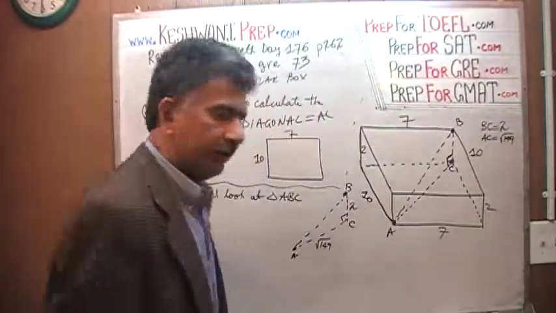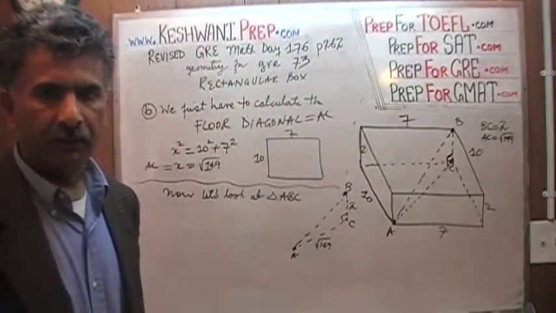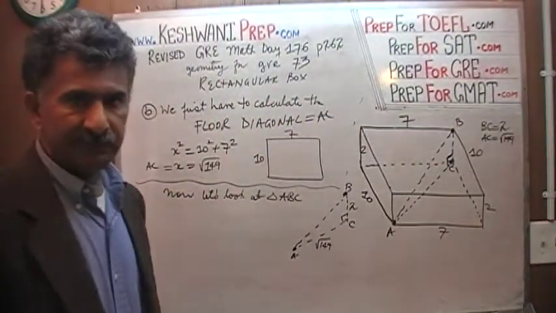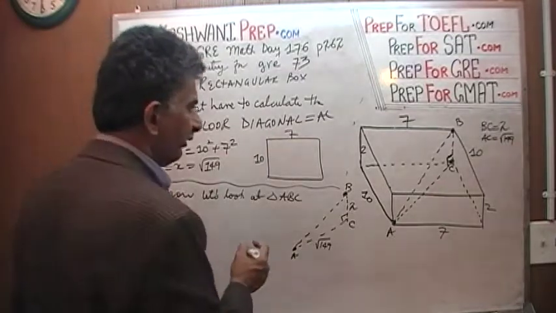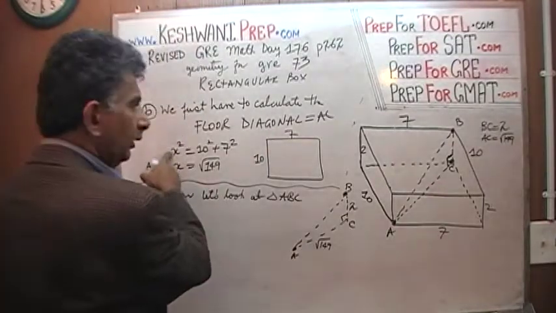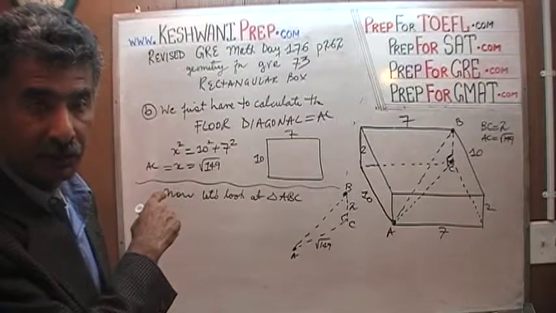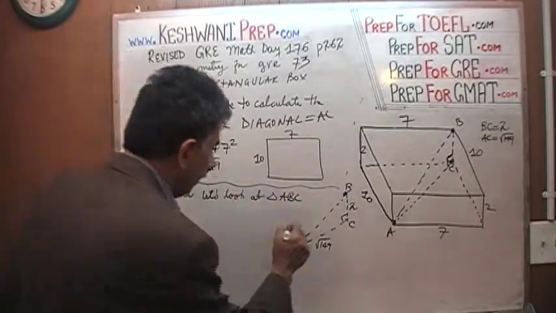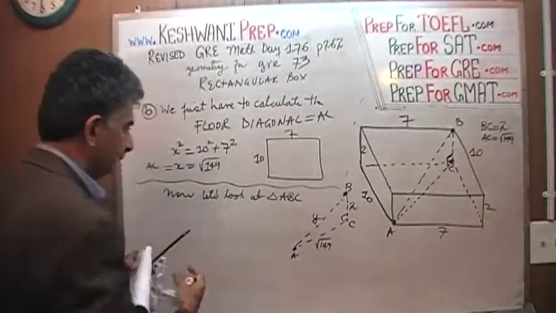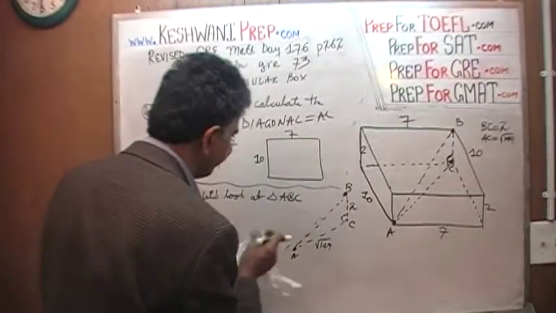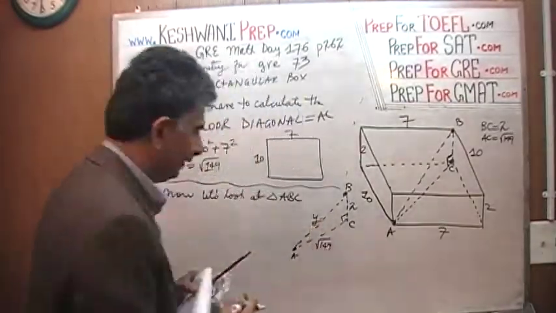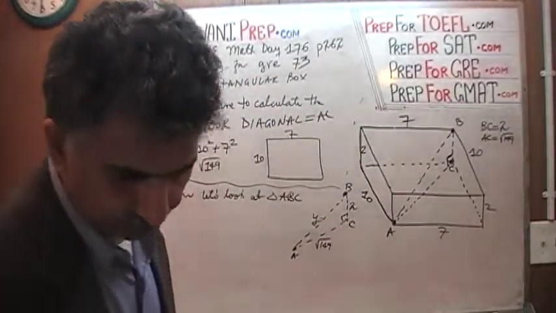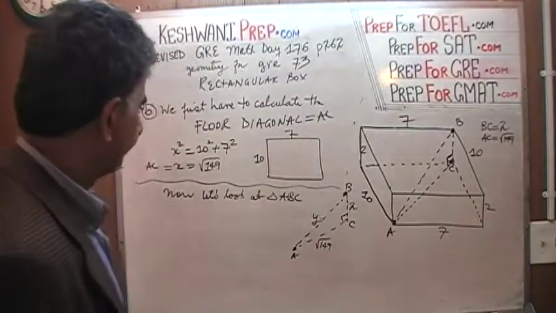So again, we have to apply the Pythagorean theorem one more time. Since we used the letter x before to figure out the diagonal of the floor, let's denote this one by the letter y.